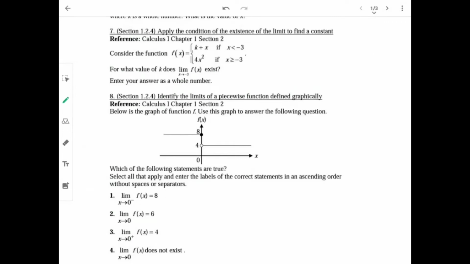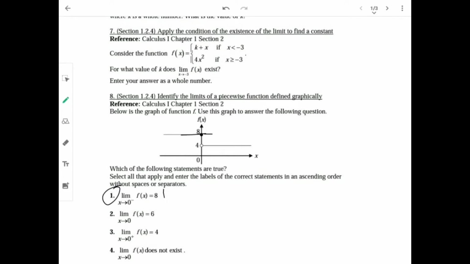So for question 8, they gave you a graph and they ask you to find the limits. This one is very easy because you can actually see what's going on. So let's go one by one. So limit of x as it approaches 0 from the left, it's equal to 8 because this is the left. So this is correct.